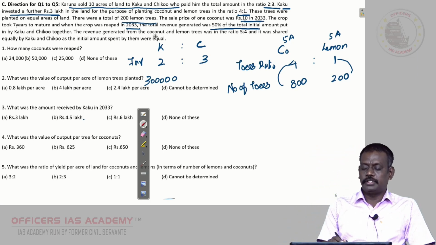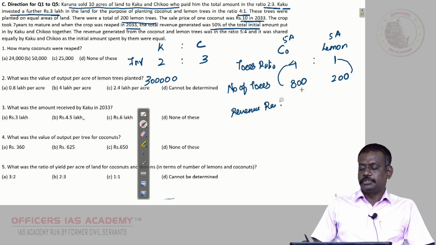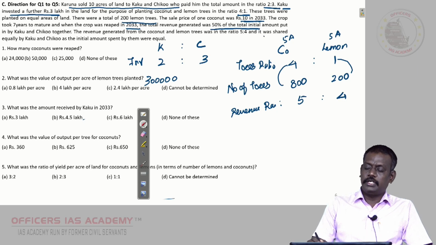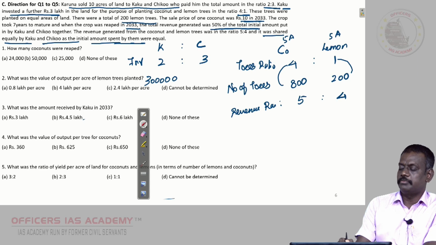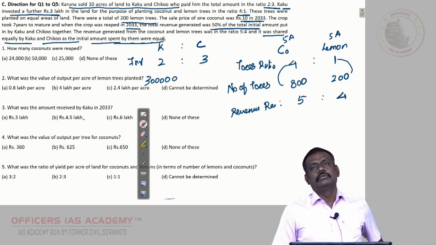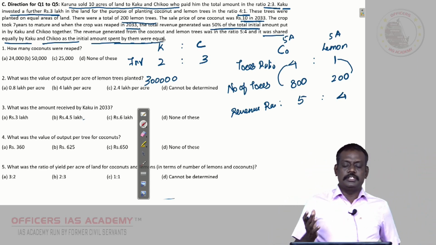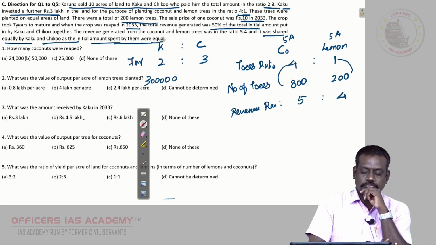And the revenue generated from coconut and lemon trees was in the ratio 5:4. So revenue ratio is 5:4, and it was shared equally by Kaku and Chikku as the initial amount spent by them were equal. So it means the initial amount spent by them were equal.